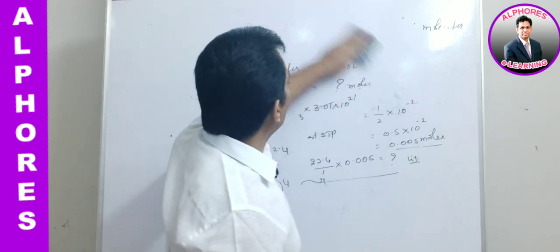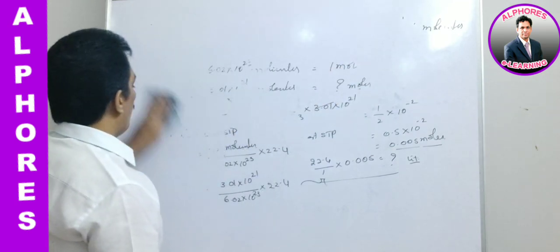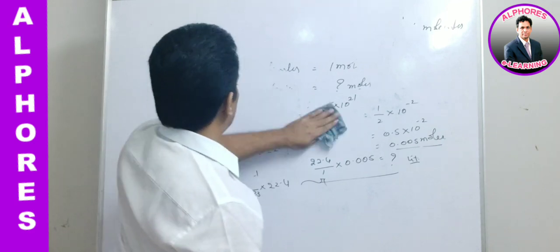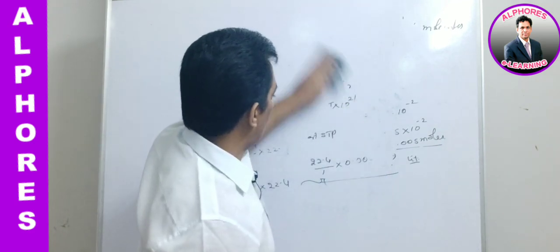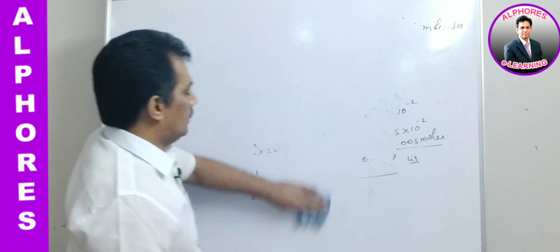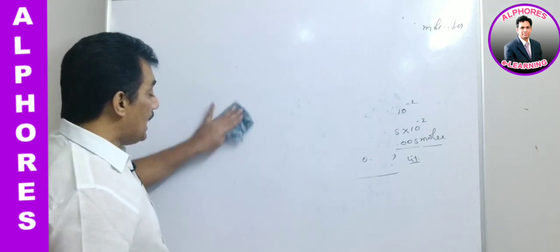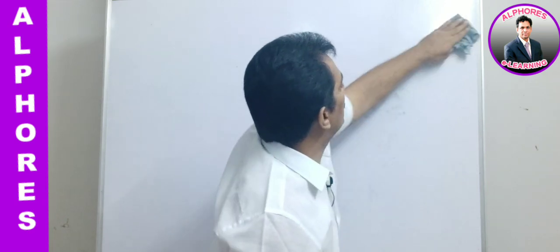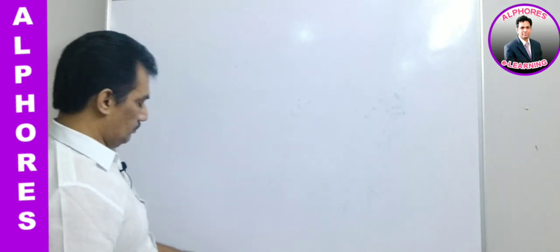And now for competitive mode, in a reverse case, just with all these concepts, if they are asking the number of molecules that present in 1 ml of a gas at STP, if they ask it like that, what to do? The number of molecules that present in 1 ml of gas at STP, then what will be the answer?